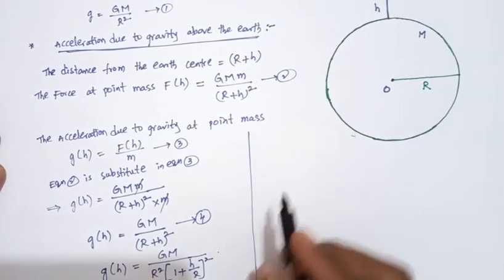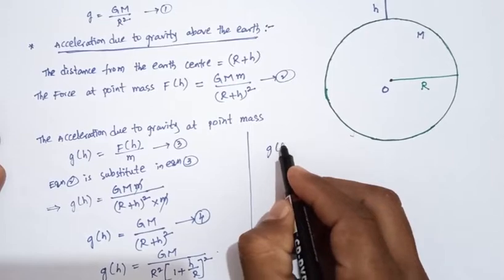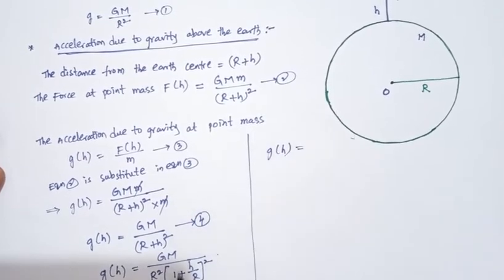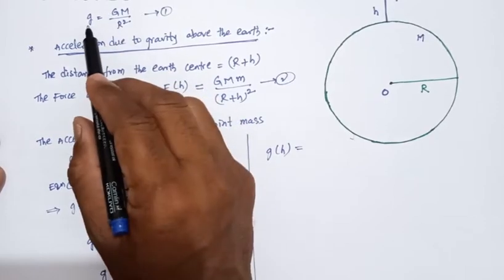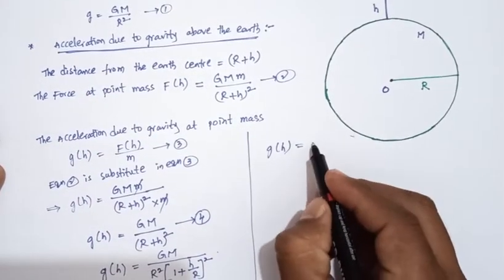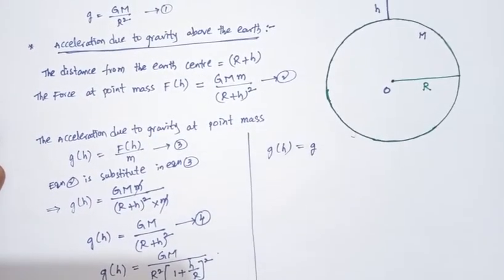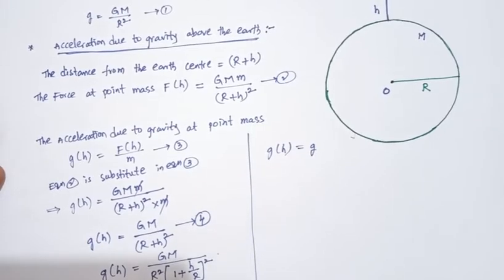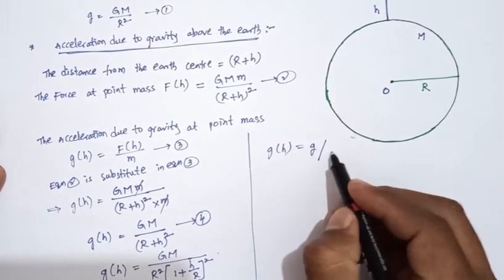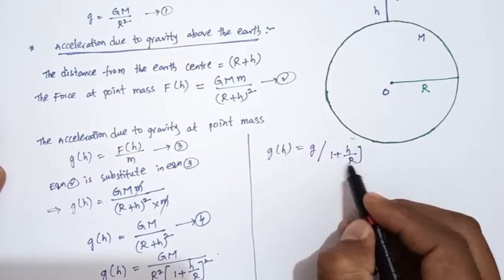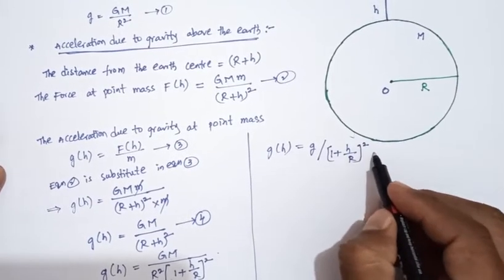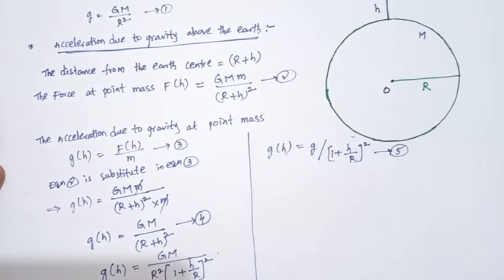In this equation, g of h equals GM by R square, which is g, the acceleration due to gravity on the earth surface, divided by 1 plus h by R whole square. This is equation number 5.